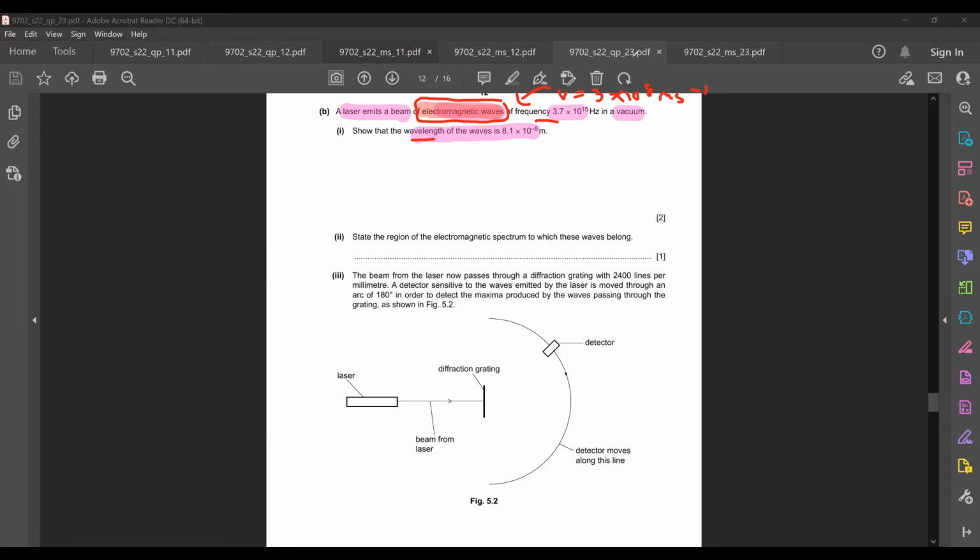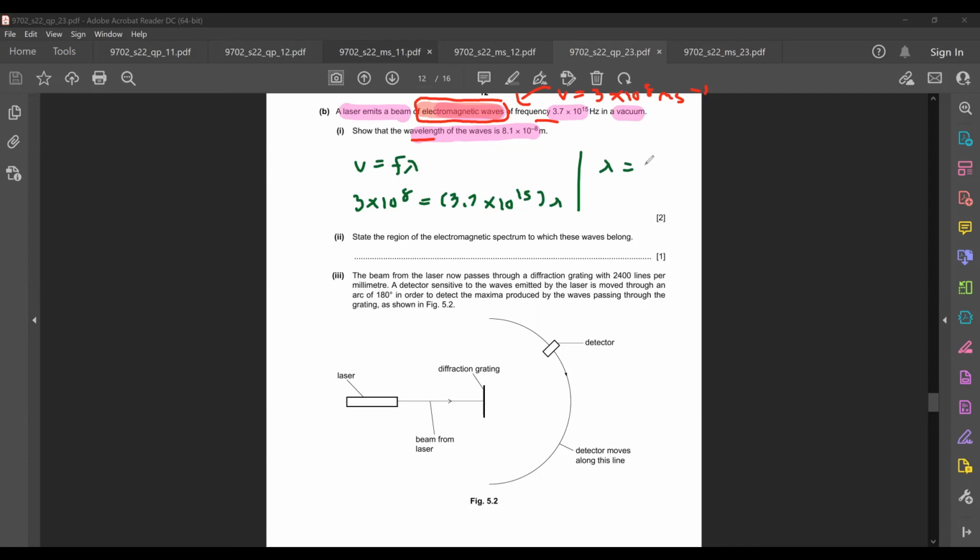This one, very simple. v is f lambda. v is 3 times 10 power 8. Frequency is 3.7 times 10 power 15 times lambda. Lambda is therefore 3 times 10 power 8 divided by 3.7 times 10 power 15.